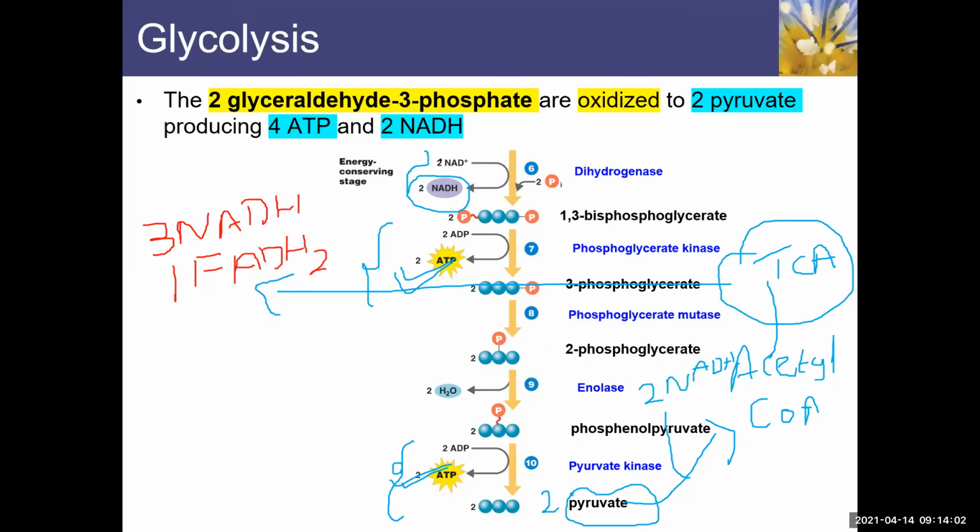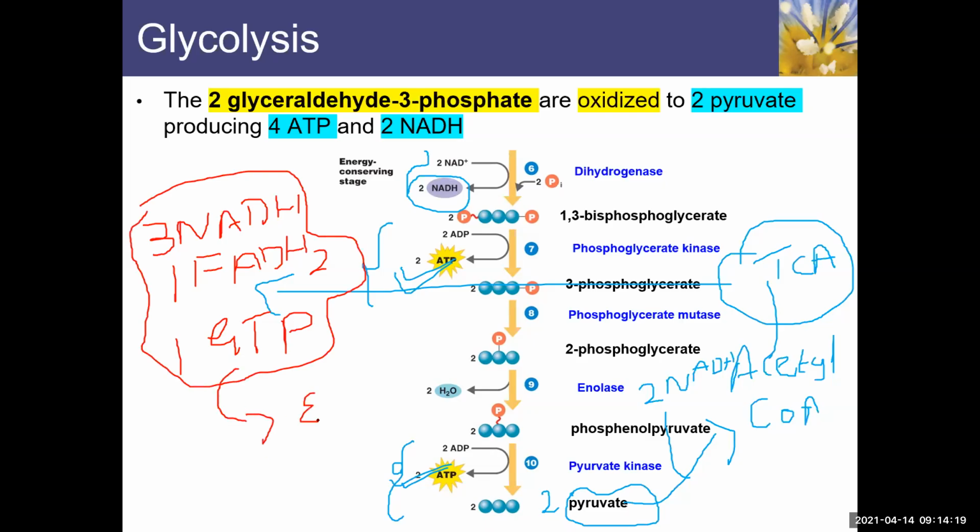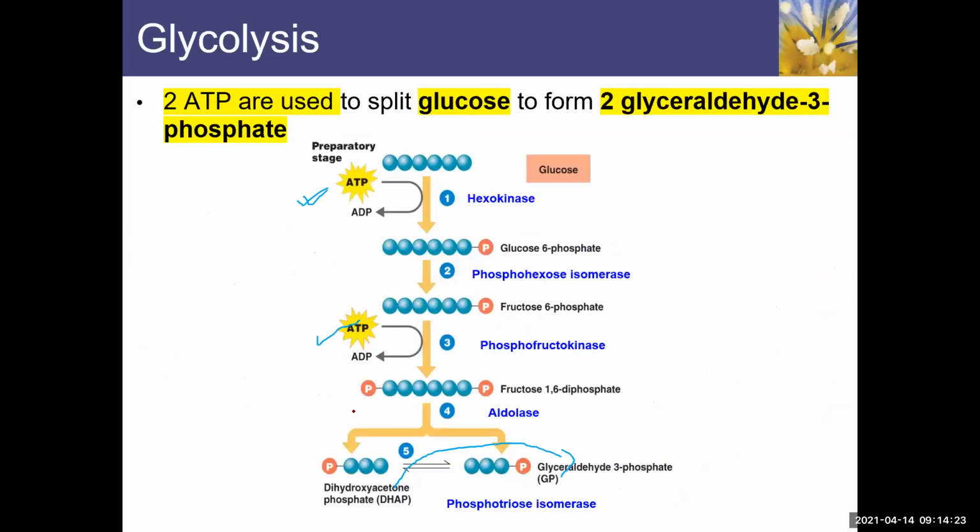We ask plenty of questions from the energetics part of it. And 1 GTP, which is equal to 1 ATP, right? This is what we produced in the TCA cycle, which will be taken to the electron transport chain to fetch the energy. So that's what we're going to apply over here.